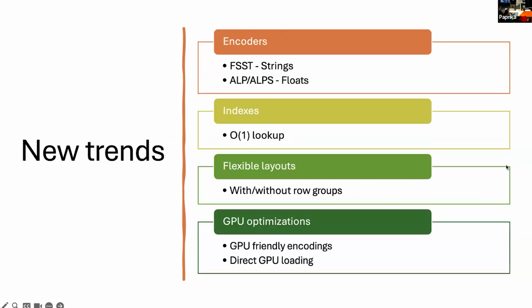There are many new file formats coming up. There are new things coming up around the file format ecosystem: new encodings, indexes inside the files, new flexible layouts, not just row groups and then columns, but many new things. GPU optimization, direct loading for GPUs.